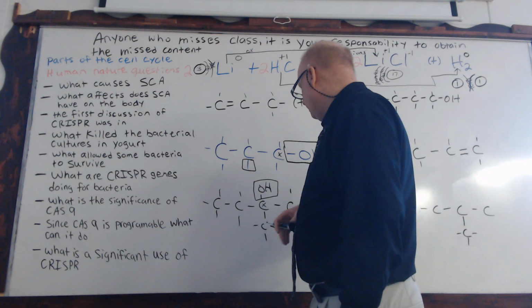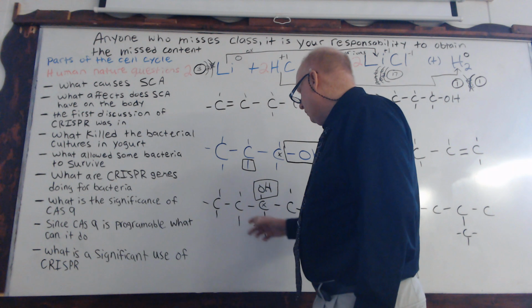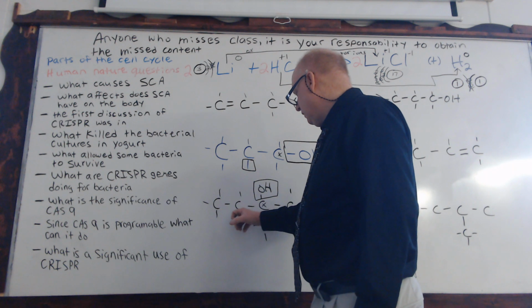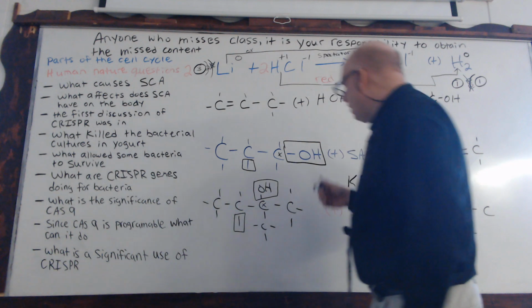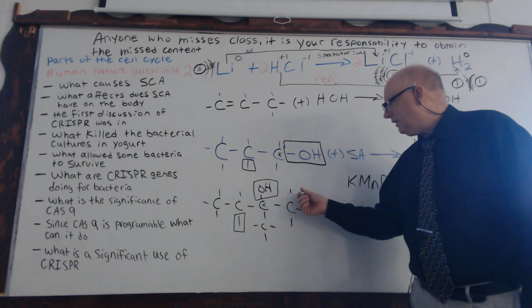That's how we're going to look at that. Since there's a methyl group down here, I think it would make more sense that that would get stripped off of there. And you also probably would not be incorrect if you had gone to the right instead.